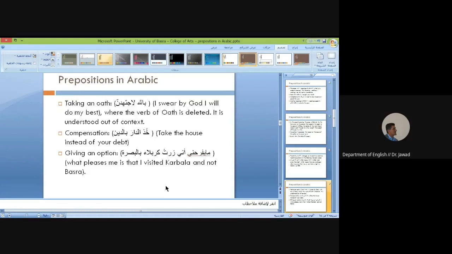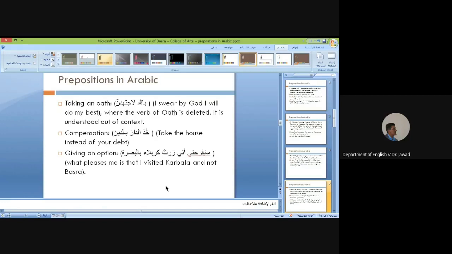This preposition al-ba can be used to give the meaning of compensation, replacement, instead of. For example, خذ الدار بالدين. خذ الدار بالدين.